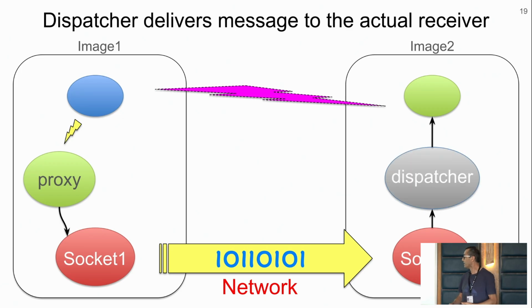And on the other side, we have this gray object which is supposed to be a dispatcher, and it will get the data from the socket, reconstruct the message and deliver it to our green object, the actual receiver.